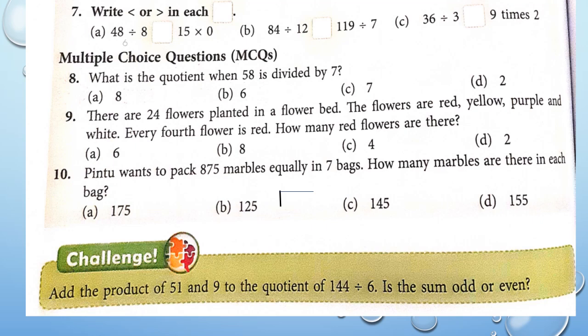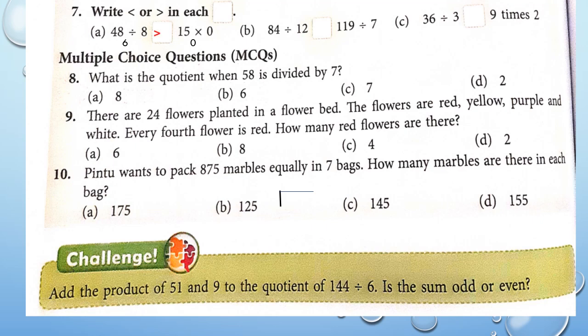So we have to write here 6. Now 15 multiplied by 0. As per the properties of multiplication, we know that if we multiply 0 with any number, the answer will be 0. So write 0 here. So what sign will come? Greater than. Correct.